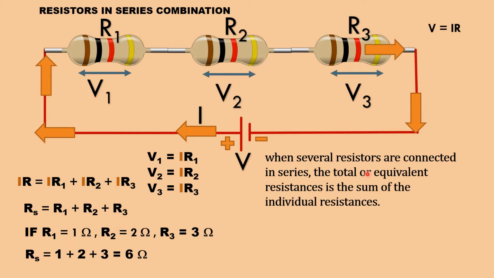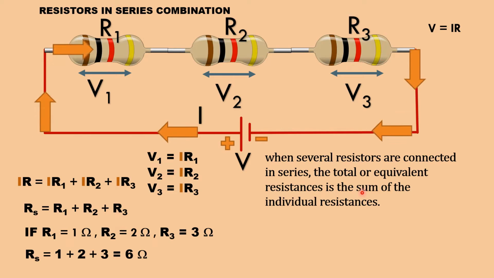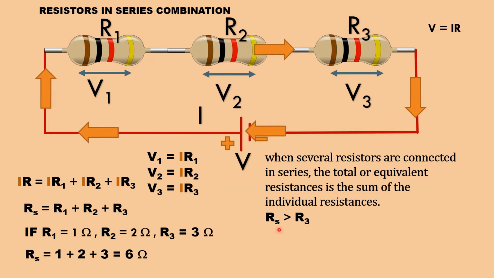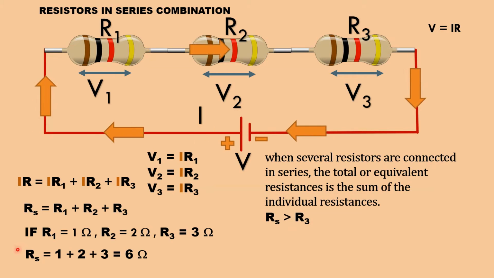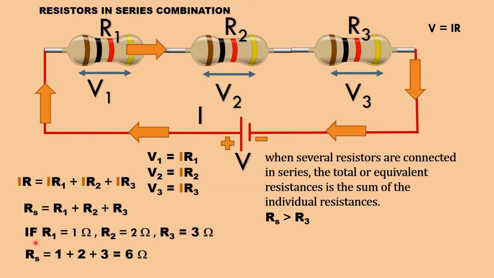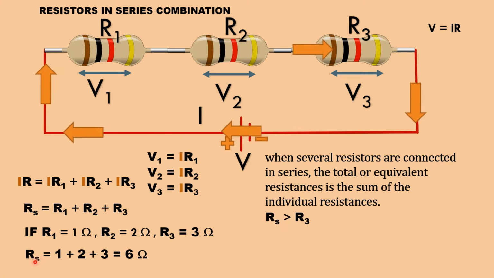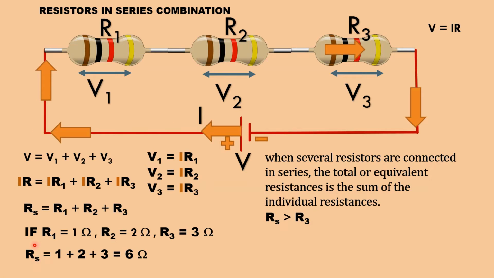So when several resistors are connected in series, the total or effective or equivalent resistance is the sum of the individual resistances. Also to be noted that the combination of resistance in series I have written as RS. RS represents the series combination.